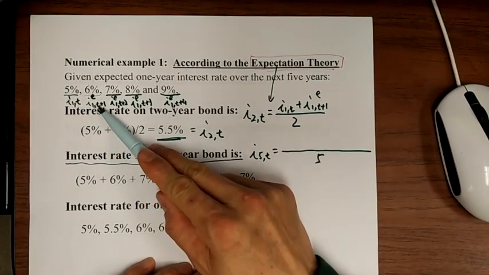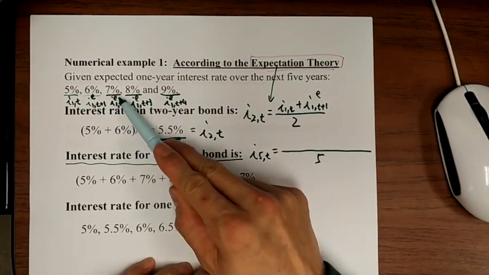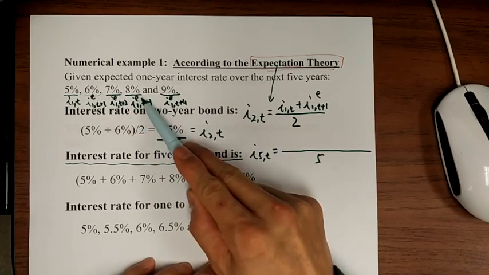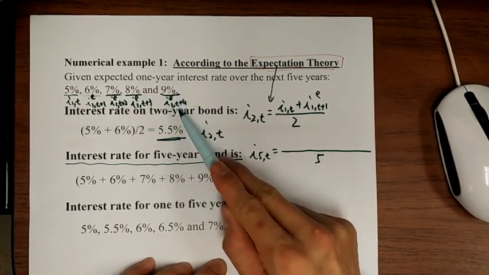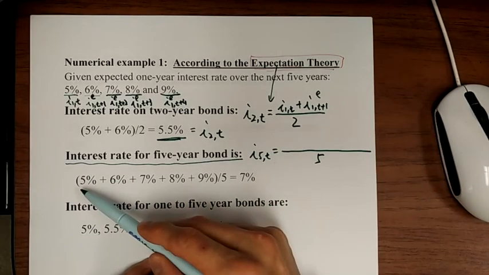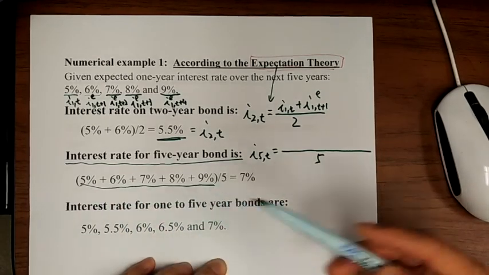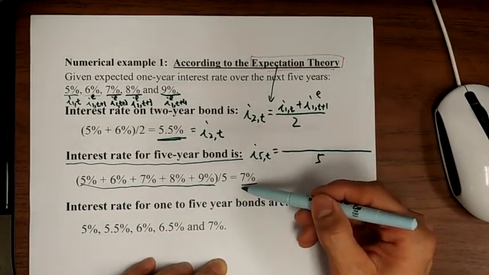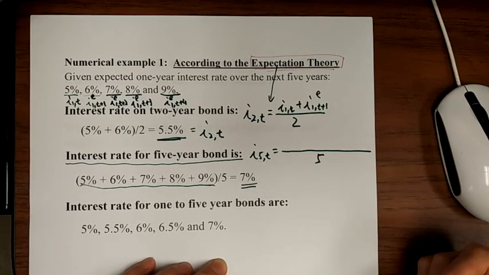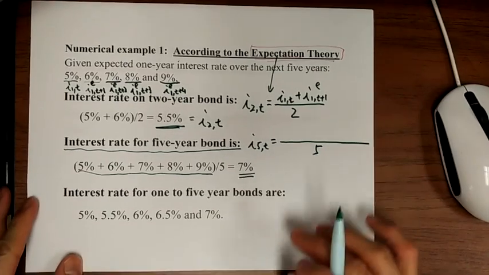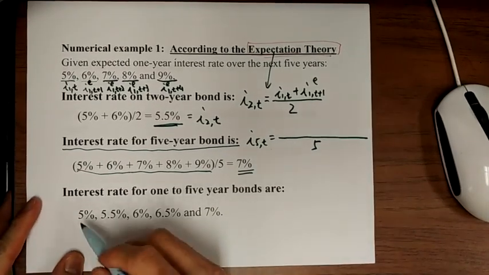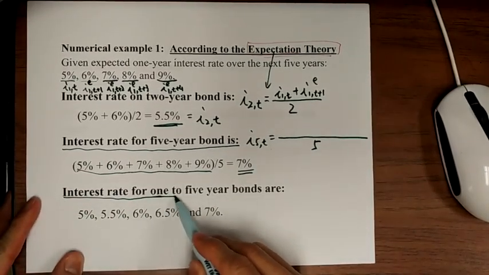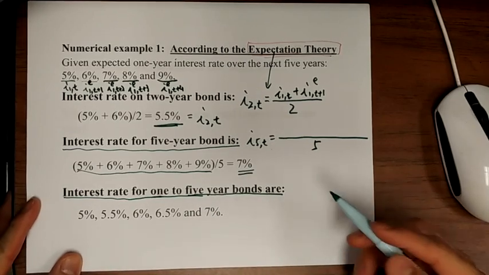I1T, I1T plus 1E, I1T plus 2E, I1T plus 3E, I1T plus 4E. So it's the average of these 5. The answer is 7%. So by doing exactly the same thing, you can find the interest rate for 1 to 5 year bonds.